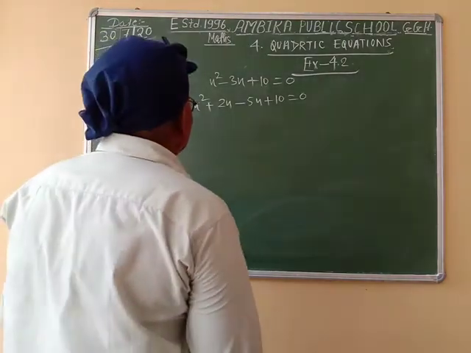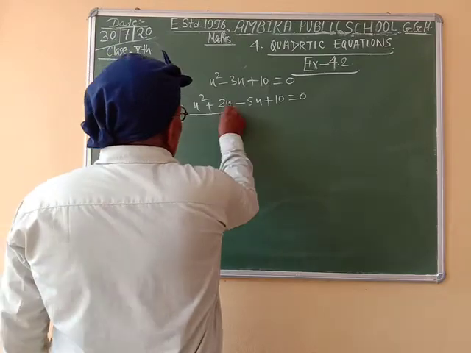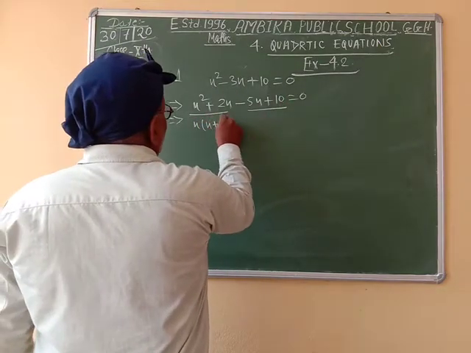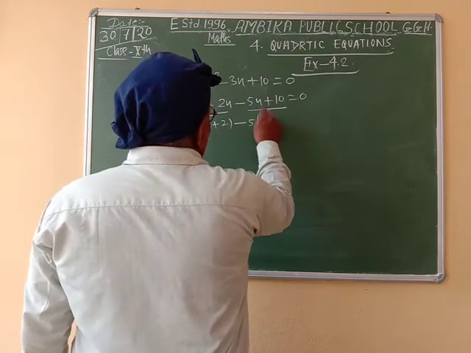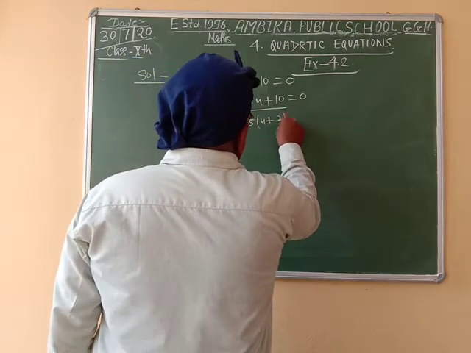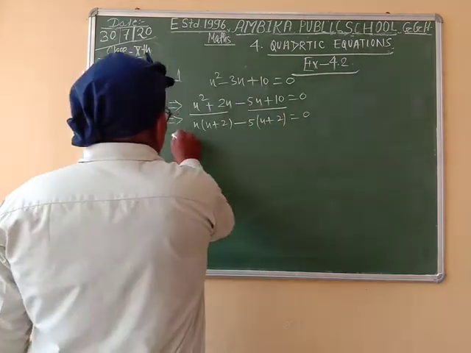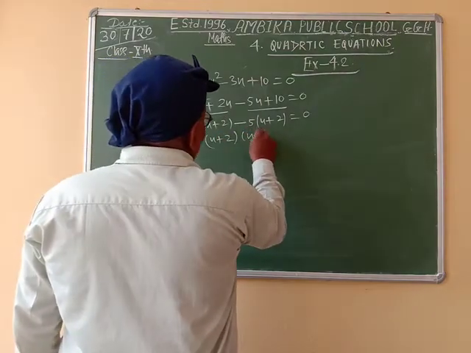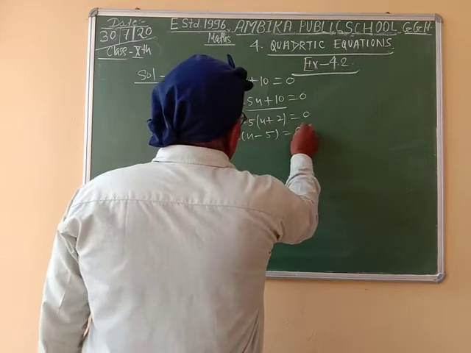Taking common, x into x plus 2 minus 5 into x plus 2 is equal to 0. So x plus 2 into x minus 5 is equal to 0.